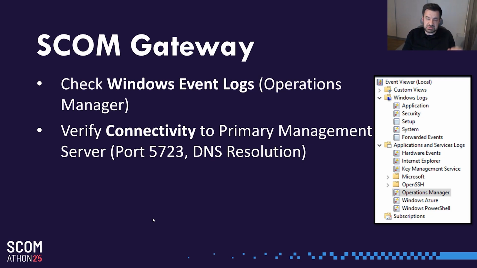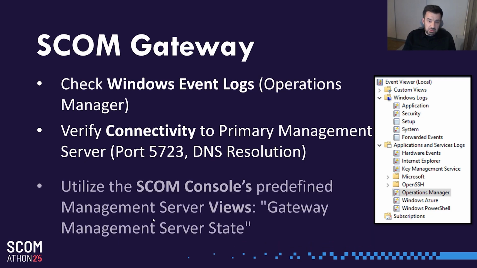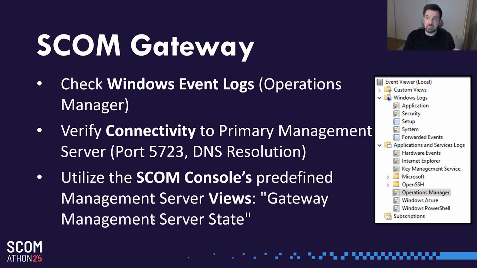So port 5723 is very important so that the communication can happen. And of course, part of it is also you need to have a proper DNS resolution. There are also certain views within the SCOM console. Those are actually the same views which you might use also for the SCOM management server role. And there you can find also many different details in regards to issues with your SCOM gateway.